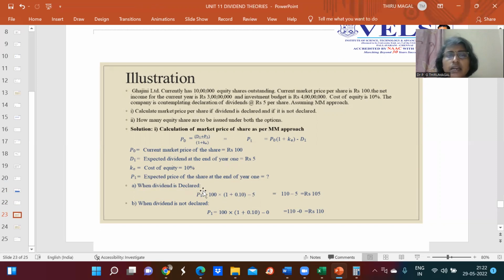When dividend is declared, P1 equals 100 multiplied by (1 plus 0.10) minus the dividend per share 5. When we simplify, we get 105. So when dividend is declared, the share price of the company is 105. Whereas when dividend is not declared, the share price is 110, because the dividend becomes 0 here.